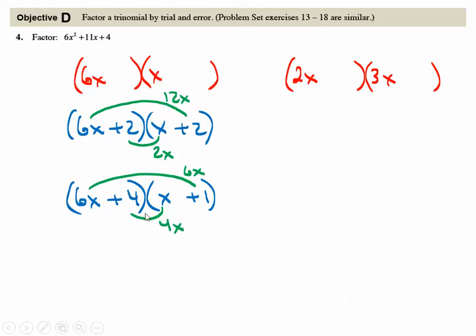All right, the thing that we can do with the 4 and the 1, we can switch them over. So how about if the 1 goes next to the 6x and the 4 goes over to the end here? Will that finally give me 11x?